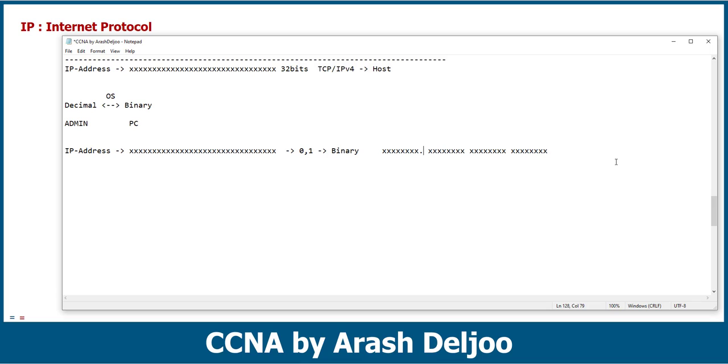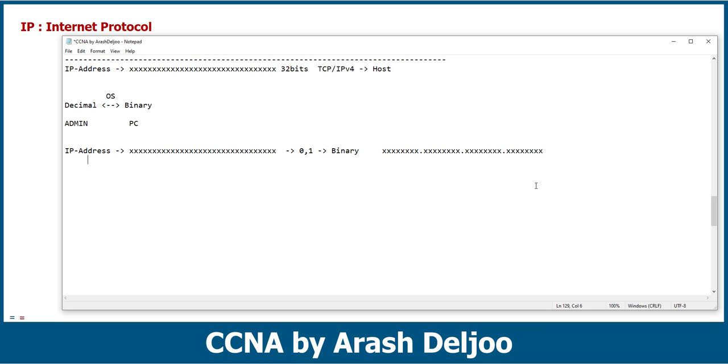Here is a dot, another dot between these two 8 bits, and finally one more dot. Now we have four 8-bit groups separated by dots.